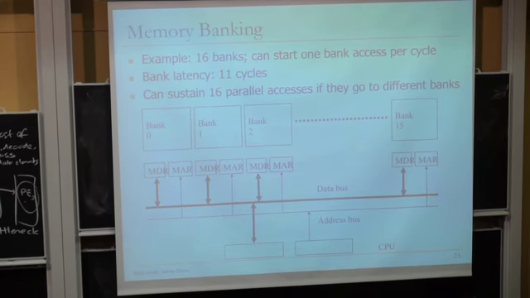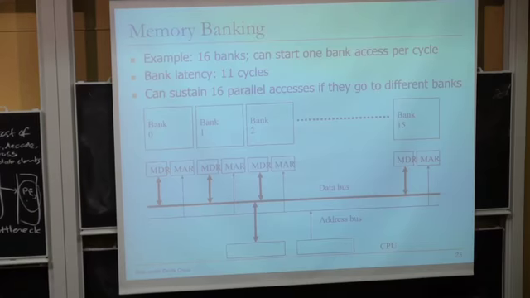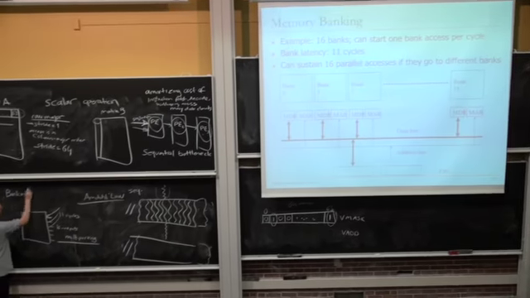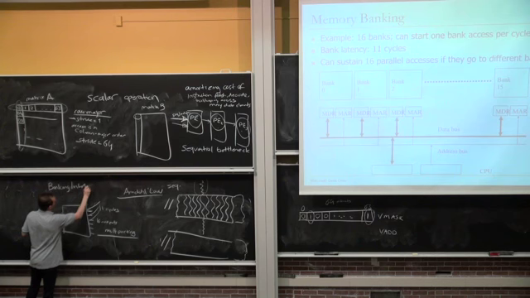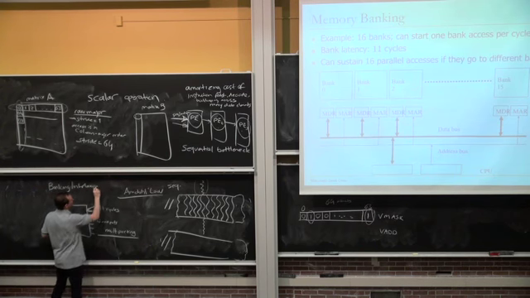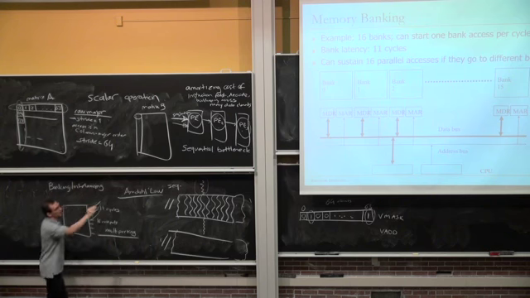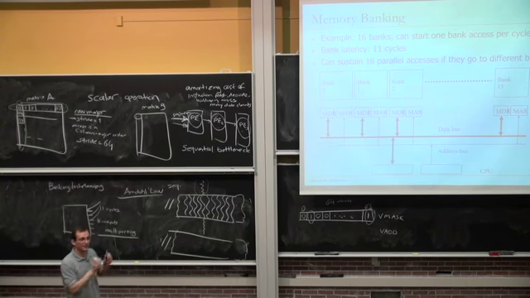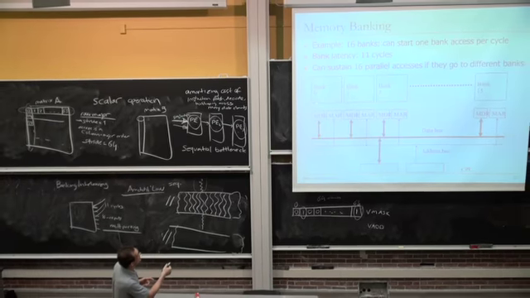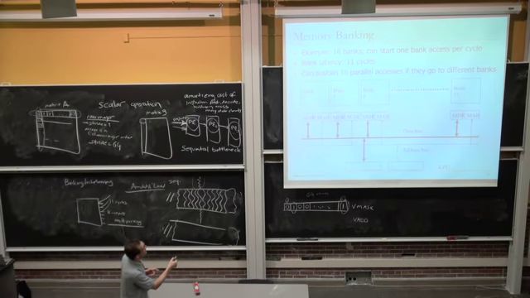Because it goes to a different structure, a different memory bank, if you will. This is the idea of banking or interleaving. What we have done is basically we have interleaved the words across different banks so that we can get the first word from the first structure, the second word from the second structure, the third word from the third structure, and so on.